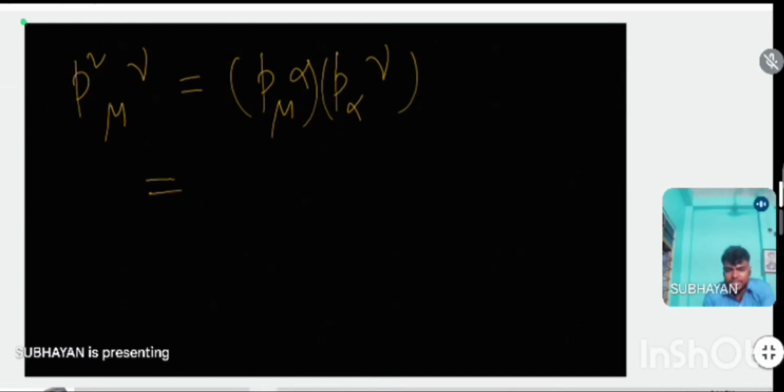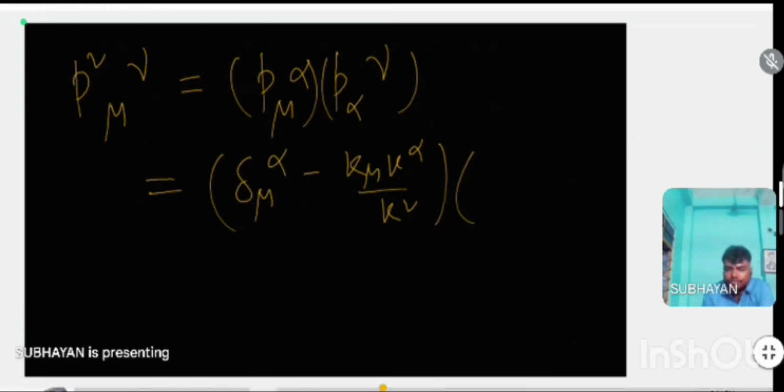Which is Kronecker delta mu alpha minus k mu k alpha by k square. And p alpha nu is equal to Kronecker delta alpha nu minus k alpha k nu by k square. Now make the multiplication.